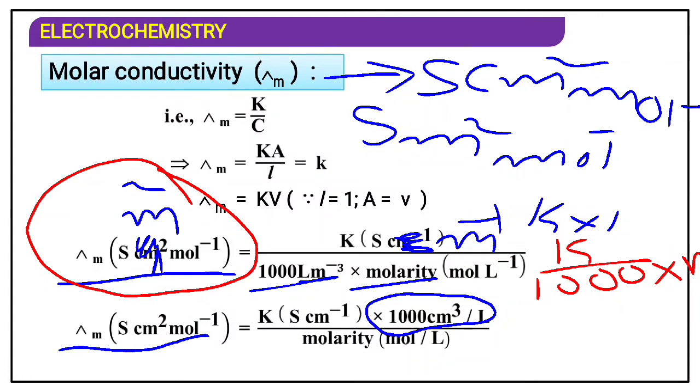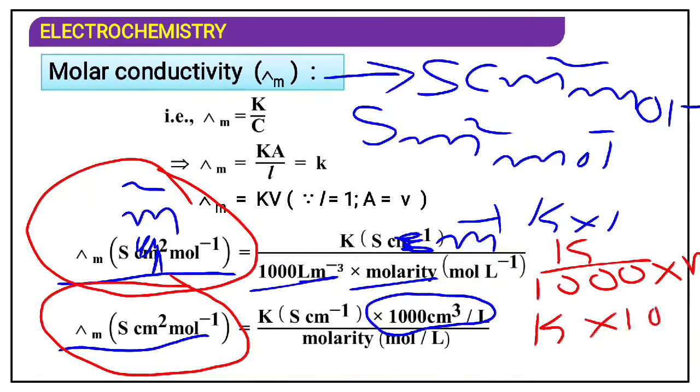If you want to get the Siemens centimeter square mole inverse, then K into 1000 divided by molarity. These two formulas are very important.